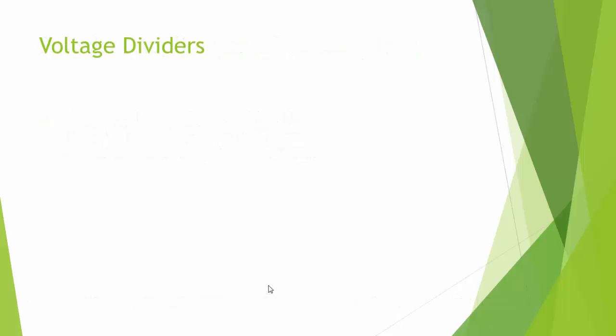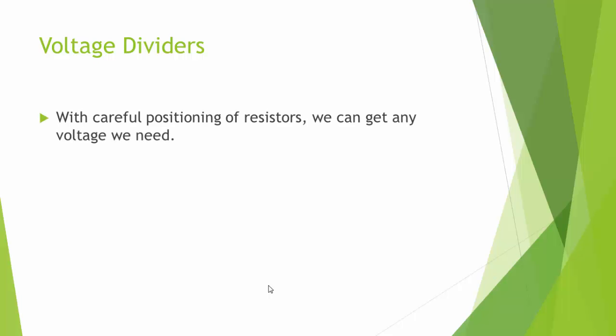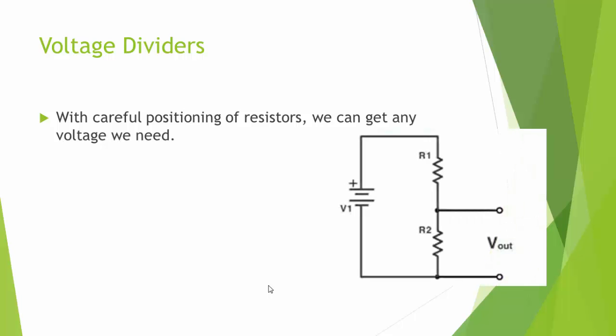So the concept of a voltage divider is that we carefully position resistors and pull off any voltage that we need from our circuit. And we do it by building a circuit that looks like this. Essentially, we have our big power supply here, two resistors in series, but we pull our device voltage from between the two resistors. So this effectively divides our voltage.